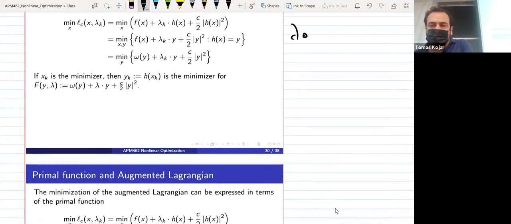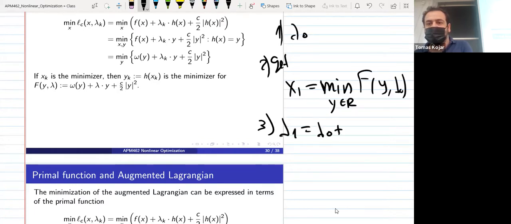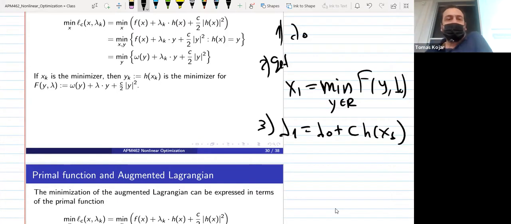Start with lambda 0, and then get x1 by minimizing this guy, the augmented Lagrangian at lambda 0. And then get lambda 1 from lambda 0 plus c times h of x1. That's the algorithm. So you get your xk from minimizing this guy, or yk, whatever.